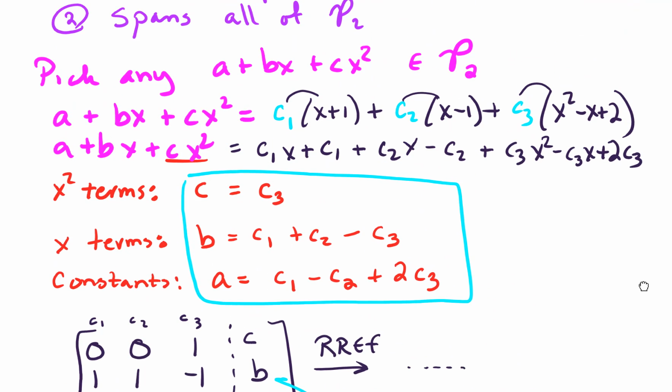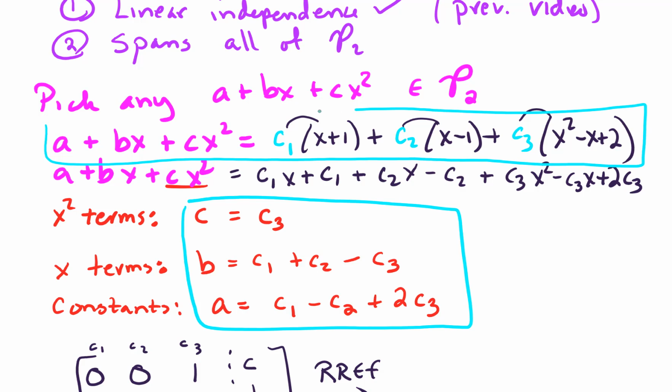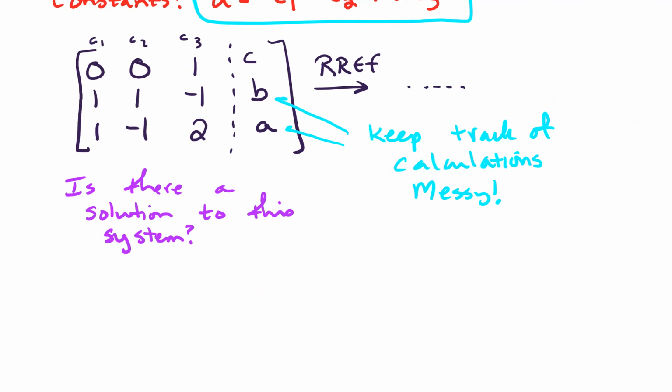And the reason we're trying to answer that is because we were trying to see, can we pick any quadratic polynomial in P2, and can we write that polynomial in terms of the vectors we're given, because we're investigating whether those little vectors written in black here span all of P2, whether they generate all of P2. Okay, so this really boils down to whether the system of equations has a solution.